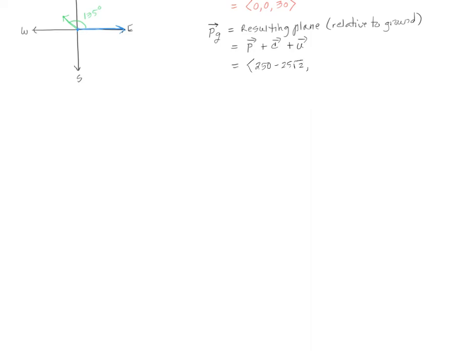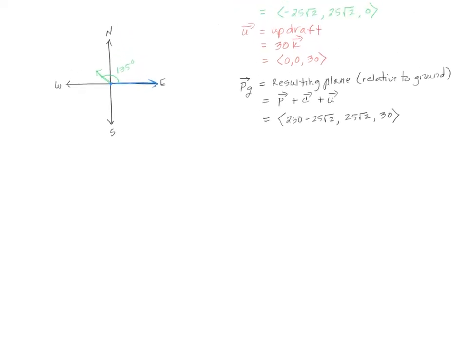That would be the first component, our x value. The next one would be the 25 square root of 2, and then the last would be 30. So this is the vector that represents the plane with the crosswind and the updraft affecting it.